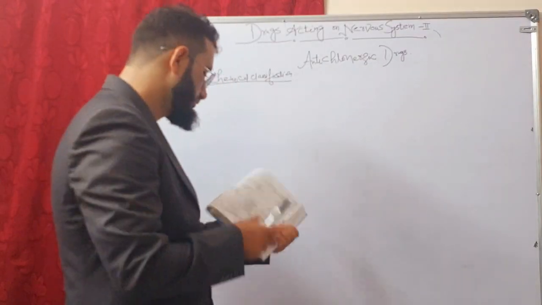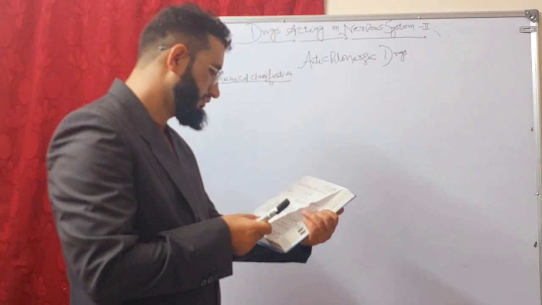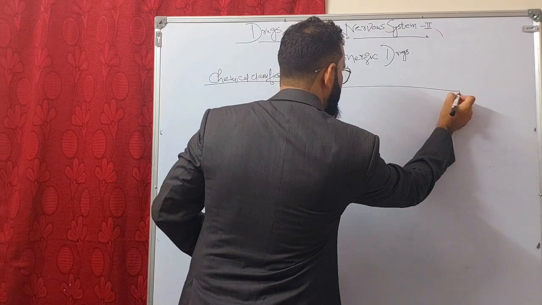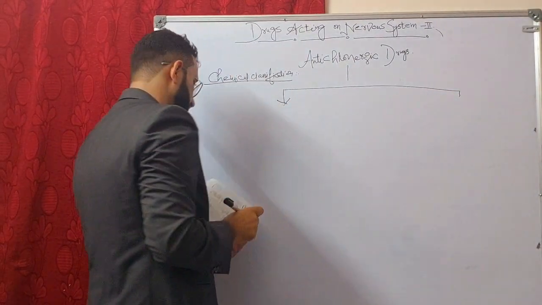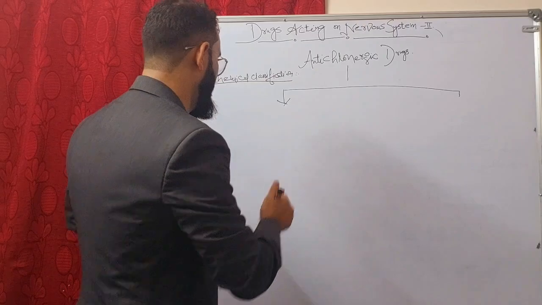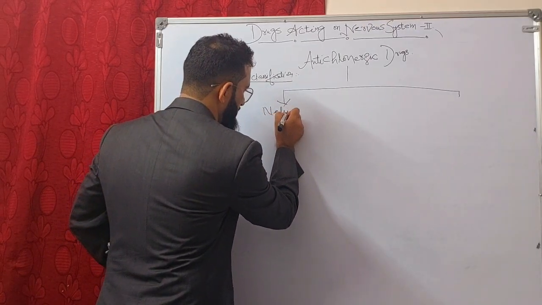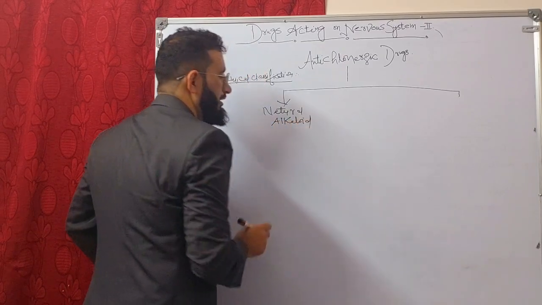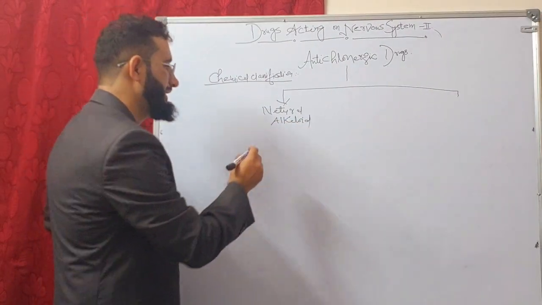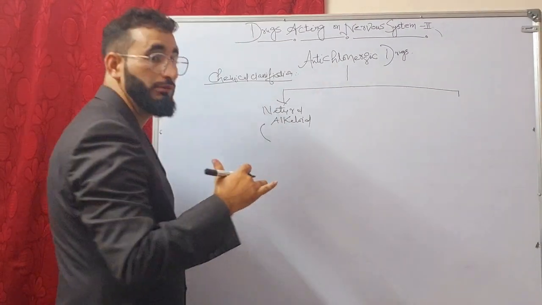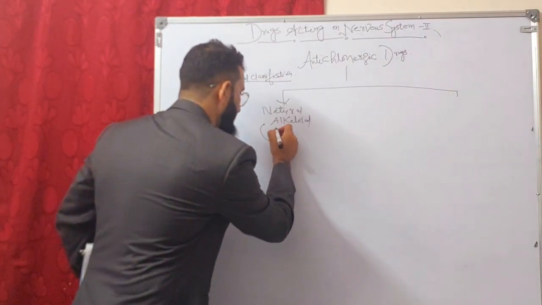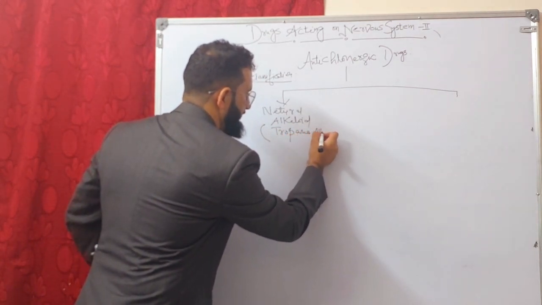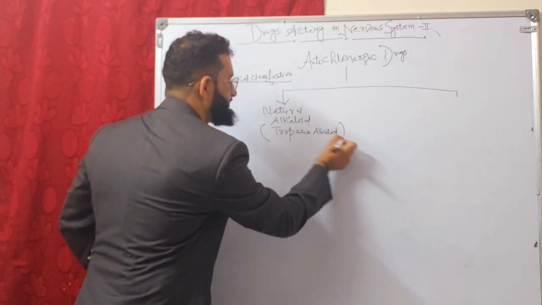So the chemical classification of anticholinergic drugs. Anticholinergic drugs are classified into, one, natural alkaloids. Or you can say, by the alkaloid nature, the chemical moiety in these alkaloids is tropane. So you can say tropane alkaloids.